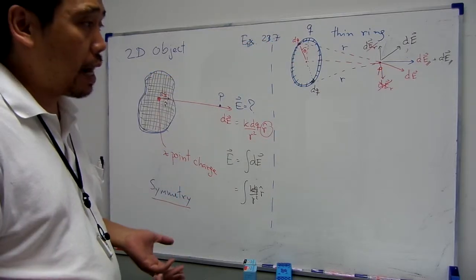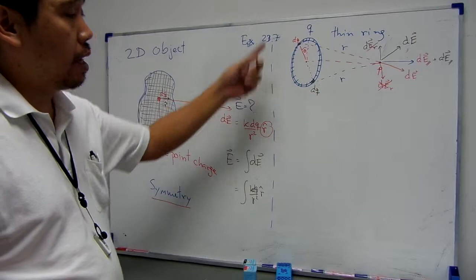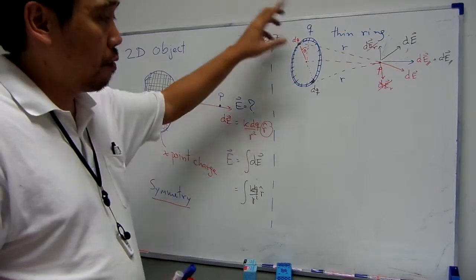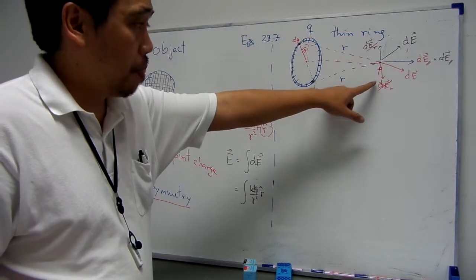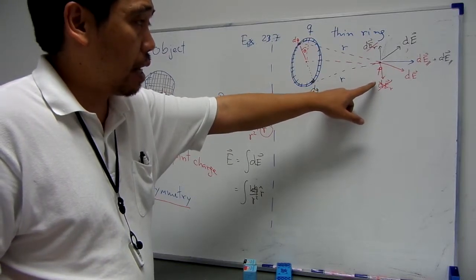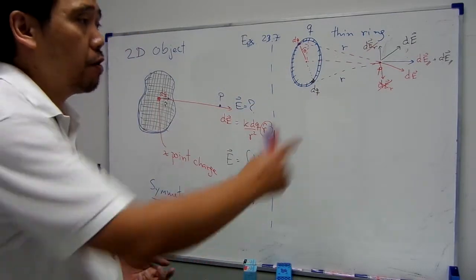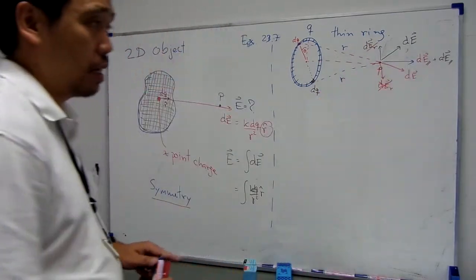If we add up all the pairs of pieces of dq on the ring, we can see that for every pair the radial component will cancel. We will have only the parallel component.